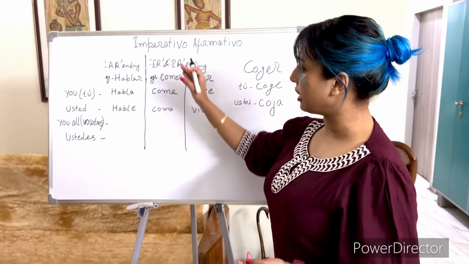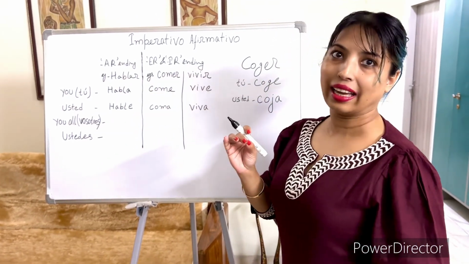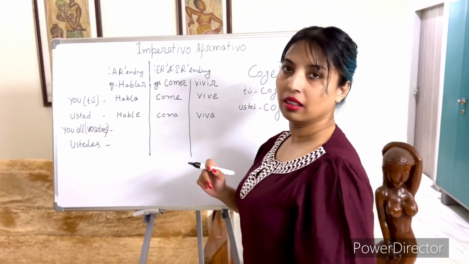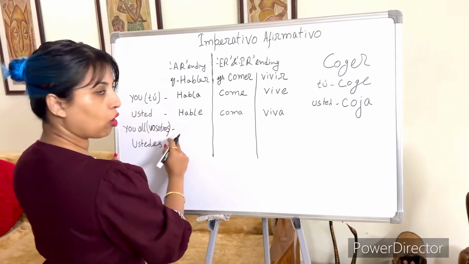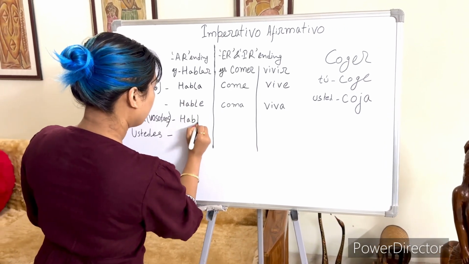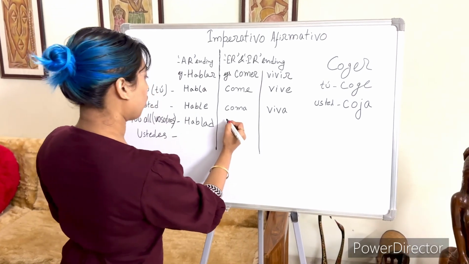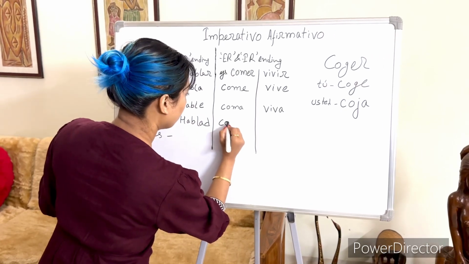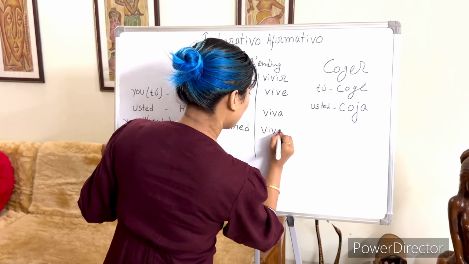Just take the infinitive form of the verb and replace the last R with D. So the vosotros form conjugation for hablar would be hablad. For comer it would be comed. For vivir it would be vivid.